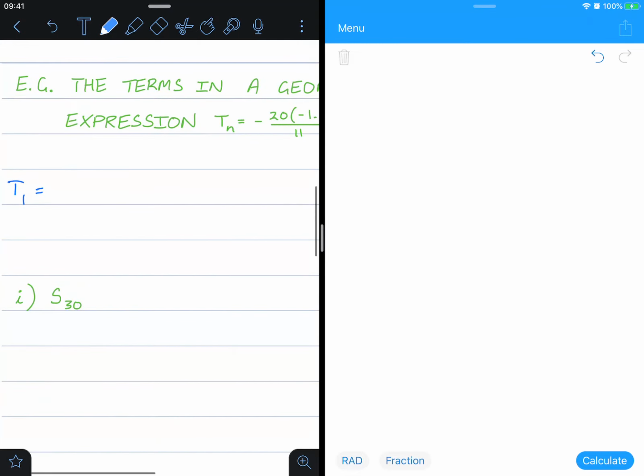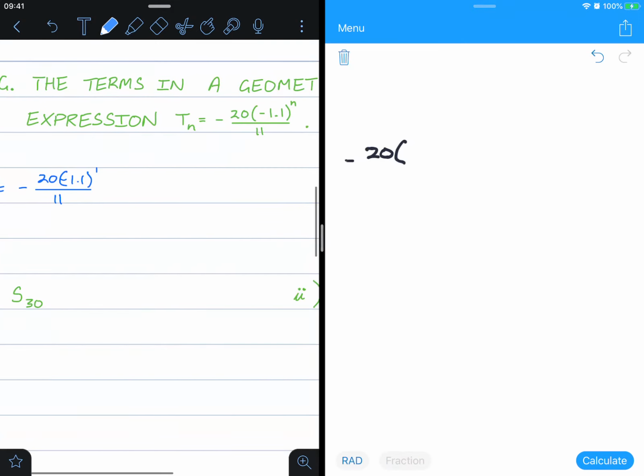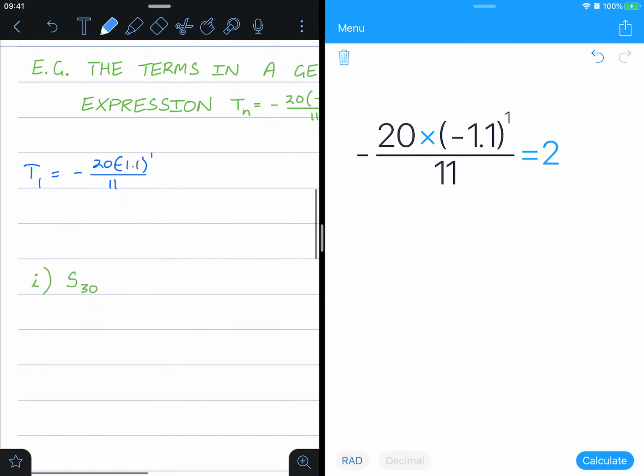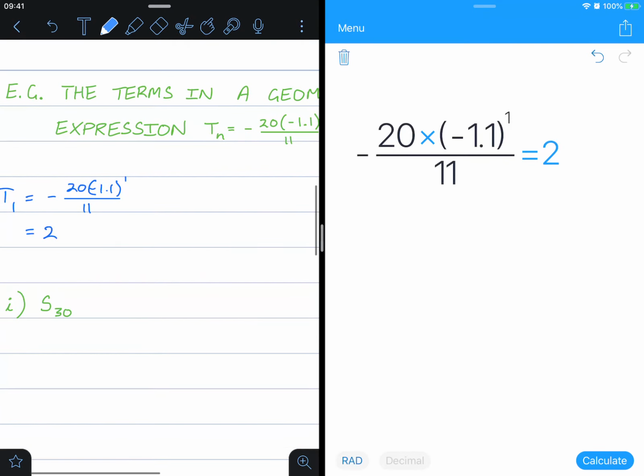Just showing you what I substituted: negative 20 times negative 1.1 to the power of 1 all over 11. So the first term is 2. We now need the second term. I'm just going to substitute 2 straight into here.